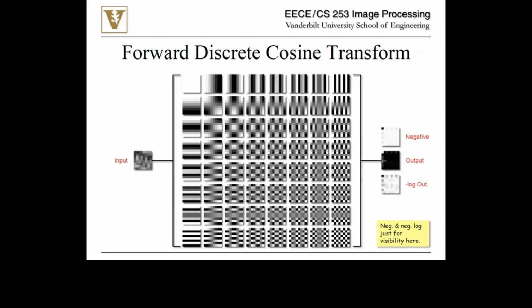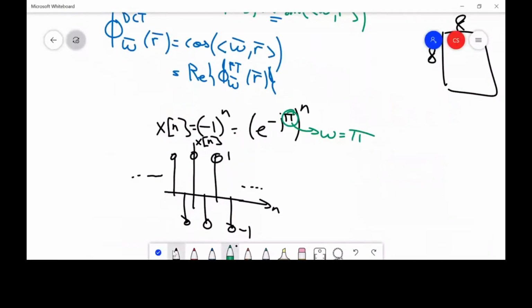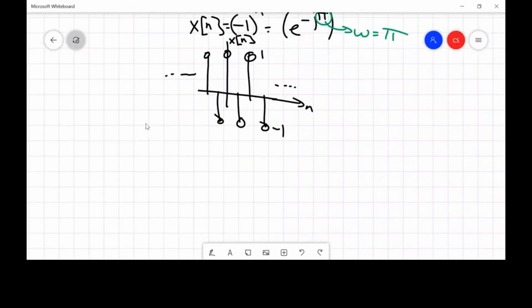And just to visualize it better, where the energy is. We see that the energy is concentrated over low frequencies. So the low frequency components have more energy than the high frequency components. And this is a consequence of something that we have already discussed a few times.